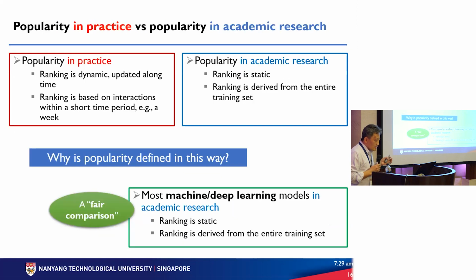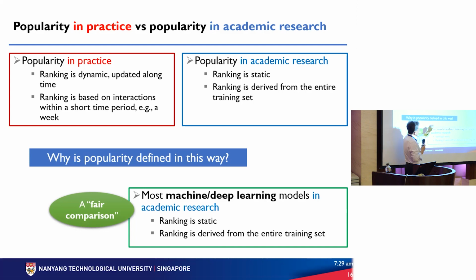So we can see the difference between popularity in practice and in research. In practice, the ranking is dynamic because it's an hourly list, a weekly list, a monthly list, right? And the ranking is based on the interactions within a very short time period: an hour, a day, a week, a month in the past, all right?